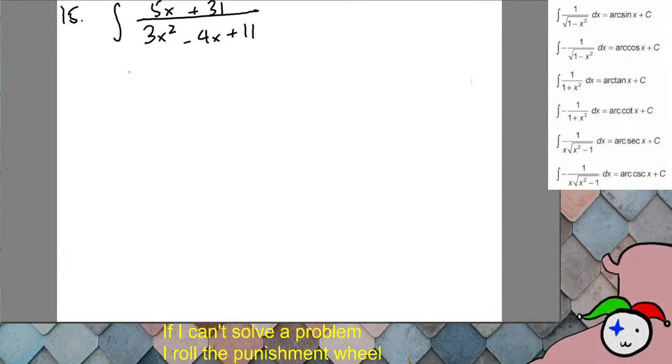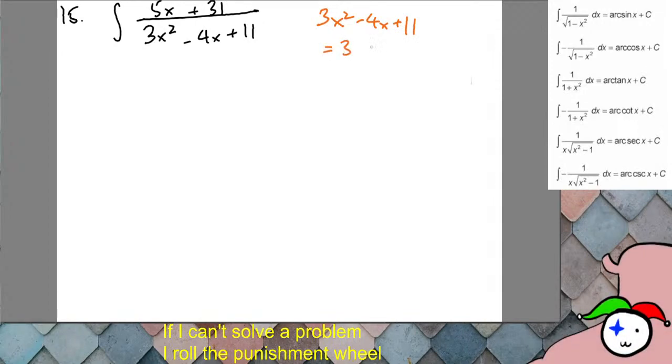Maybe. So let's have a think. 3x squared minus 4x. But that's me thinking, right? So thinking doesn't really count into punishment.